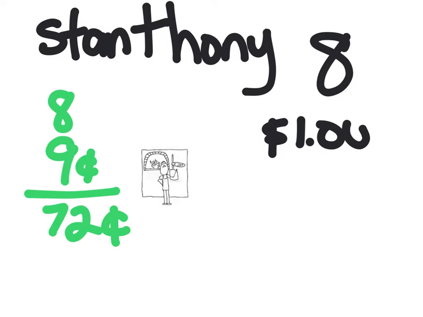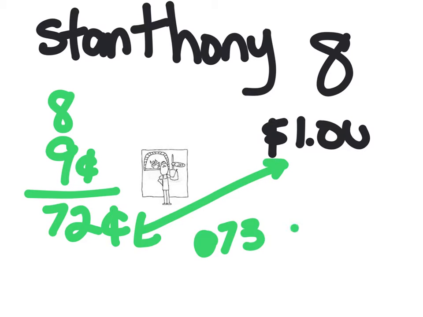So we're going to count up from 72 cents all the way to $1. So I'm going to need 3 pennies, and I'm going to go 73, 74, 75. When I'm at 25, 50, and 75, I know I can use a quarter.